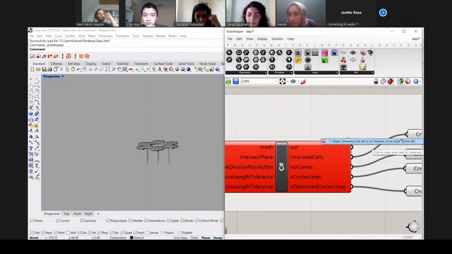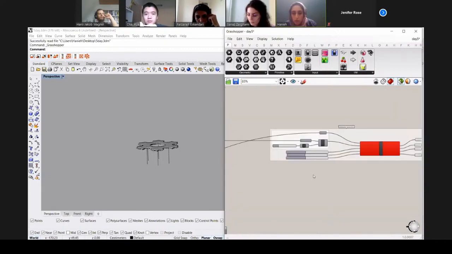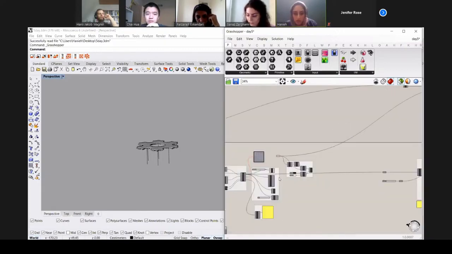I think this error mostly happens when you don't have an intersect between your plan and the mesh. But the other part of it is right. I don't know what the problem is.